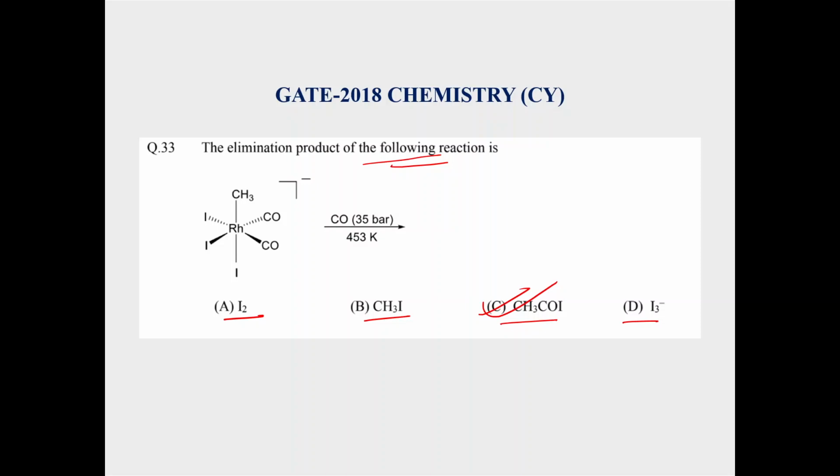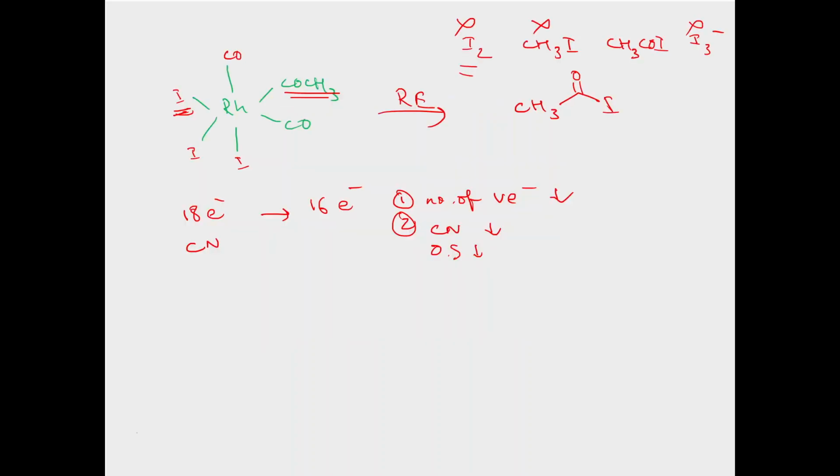Ma'am, repeat the step of reductive elimination. Okay. So reductive elimination means two ligands. Let's say we are having M and AB. This is the ligand. So if this reaction is taking place, M plus AB gives MAB, we call this oxidative addition.